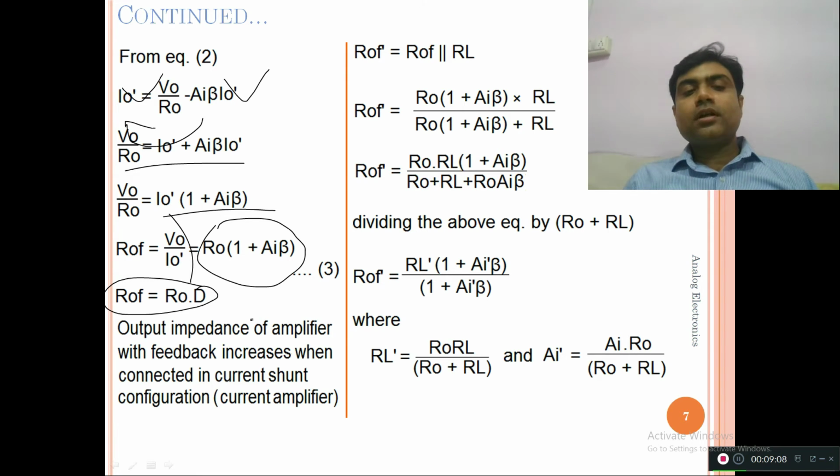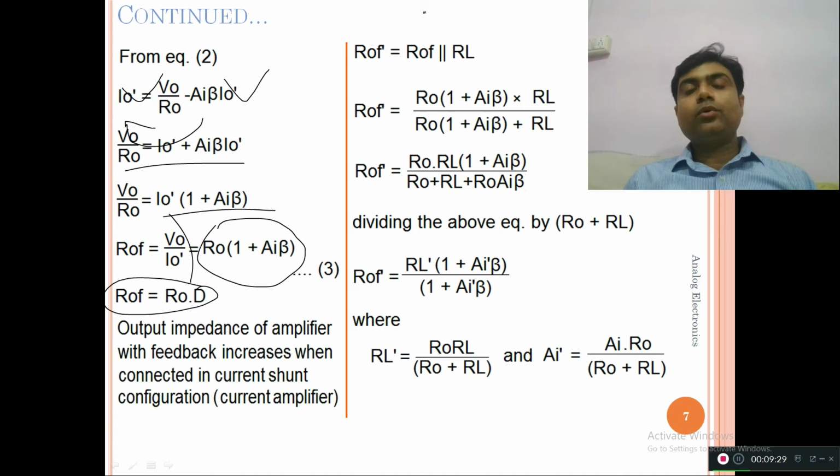What is the conclusion? The conclusion is that the output impedance of the amplifier increases when it is connected in the current shunt configuration. So in the current amplifier, the output resistance is going to be increased when it is connected in feedback. ROF is greater than RO by this quantity, by D.